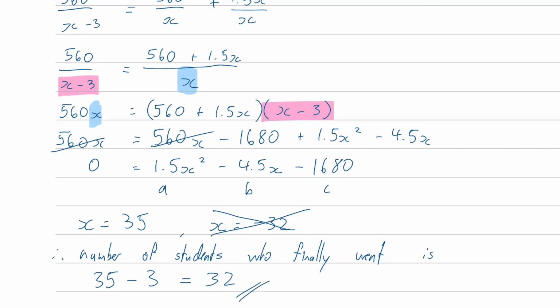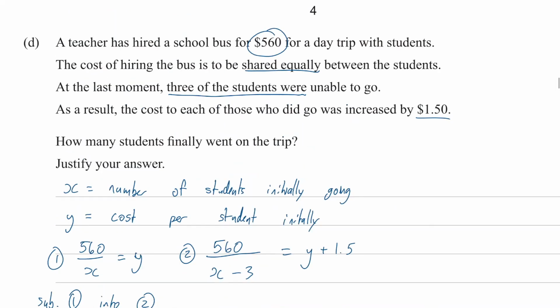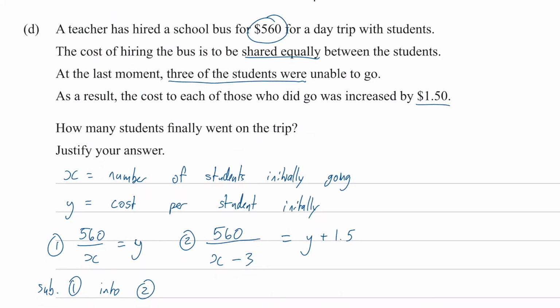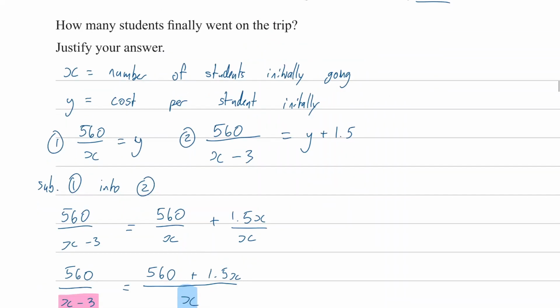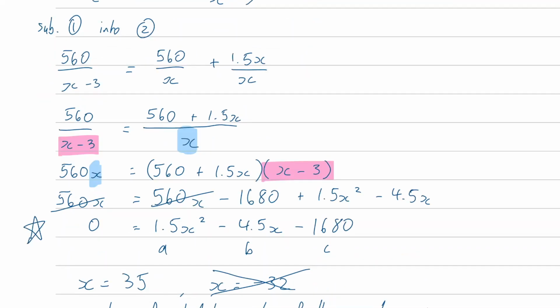Woo! All right, let's recap this one. So we introduced two variables, x and y, to help us use the information from the problem, and we made two equations. We then used substitution to combine them into one equation. We then did some cross-multiplying, getting rid of the denominators, and ended up with a quadratic equation, which is a very good place to be.